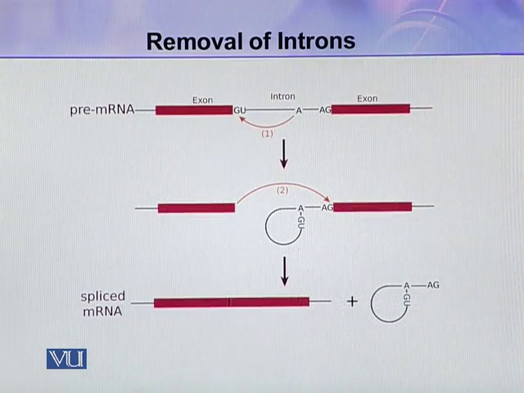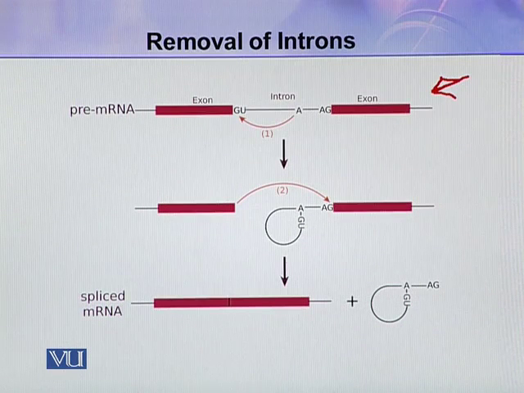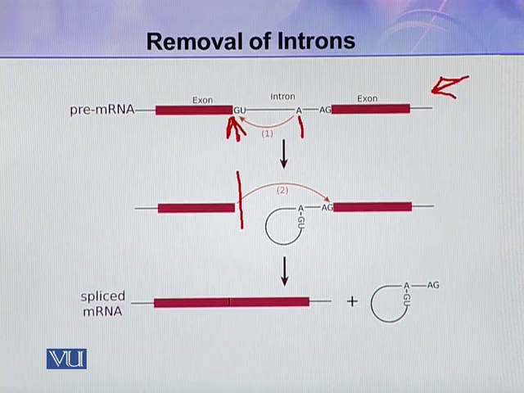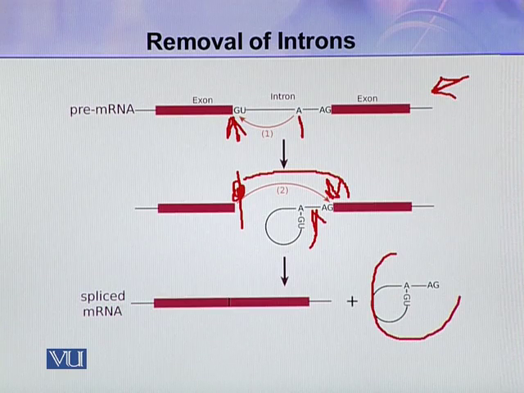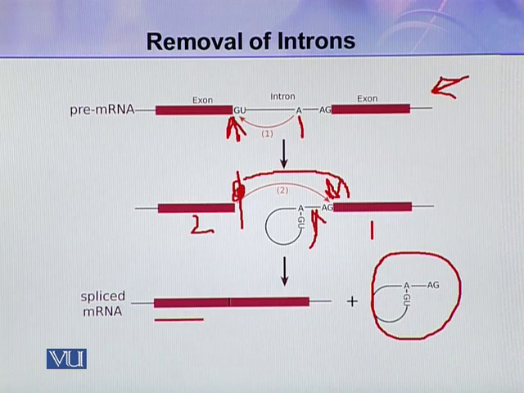So in this figure you can see pre-mRNA, and this is A in the branch point, and this A attacks the G here, and after this attack the G from here is broken off and then binds with this A. And in the second transesterification reaction, this group at the 5' splice site attacks the G at the 3' splice site, and in this way the intron is broken and gets separated, and these two exons, 1 and 2, are then joined.